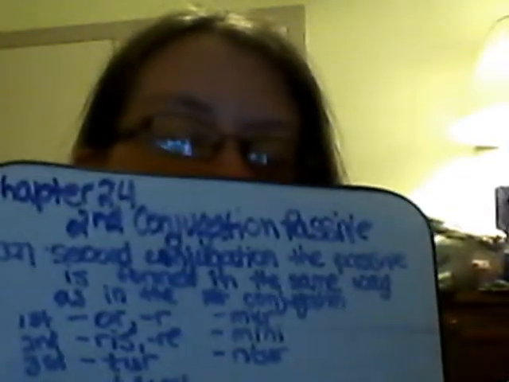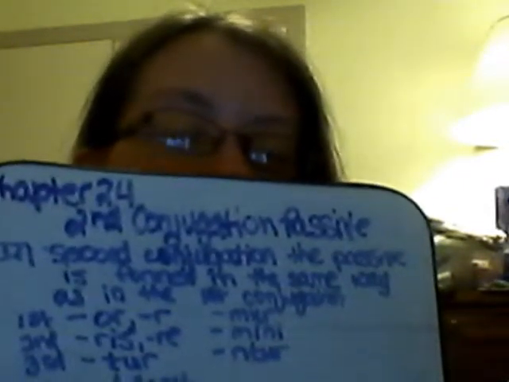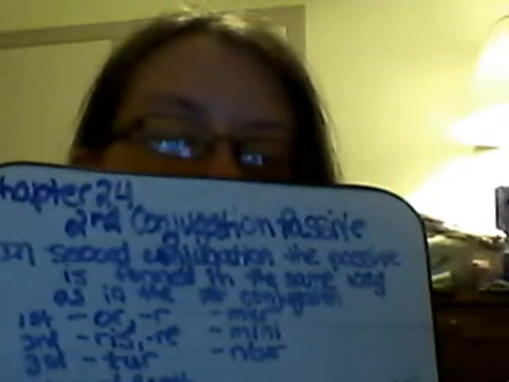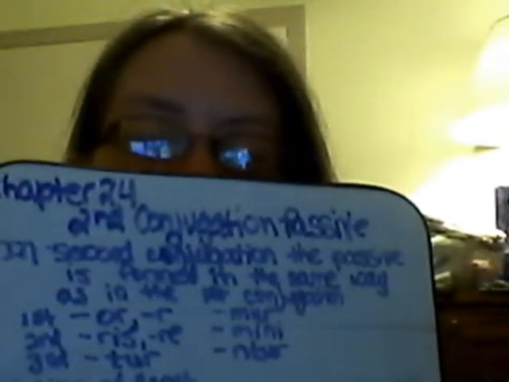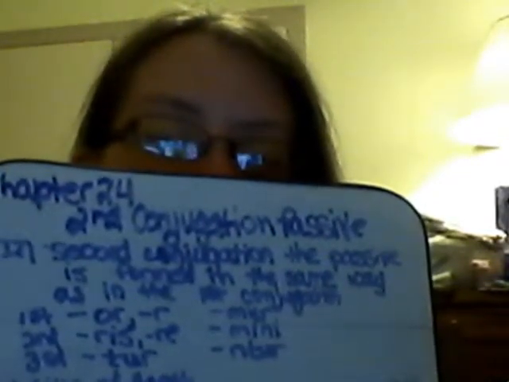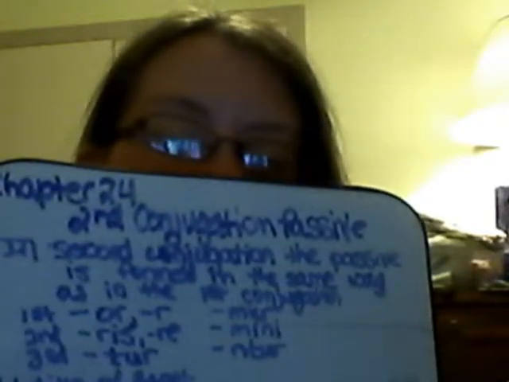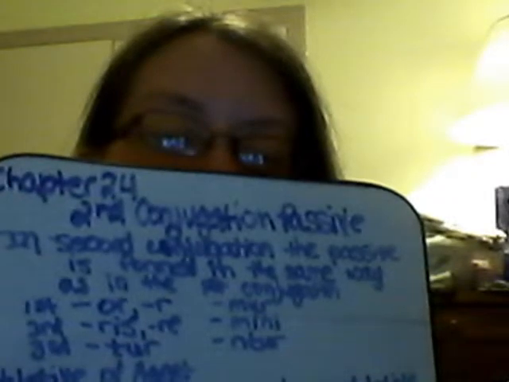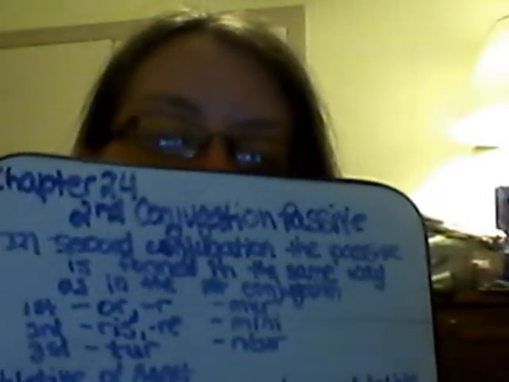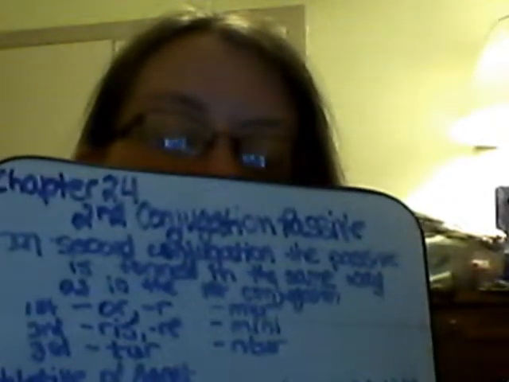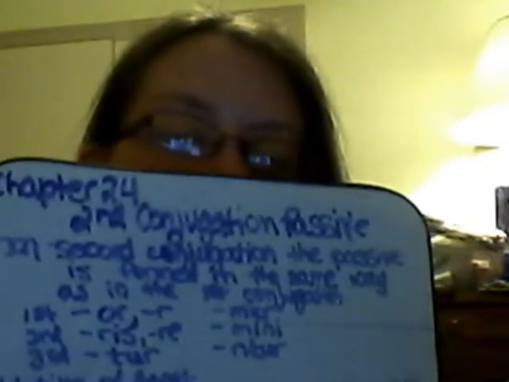Second person singular is -ris or -re. Third person is -tur. First person plural is -mur. Second person plural is -mini. And third person plural is -ntur. You form them exactly the same way as we did in chapter 23.